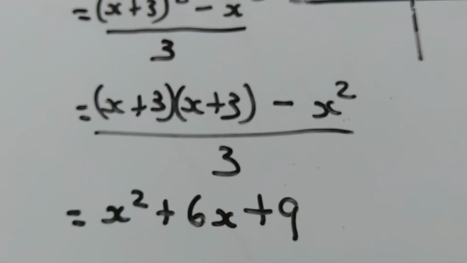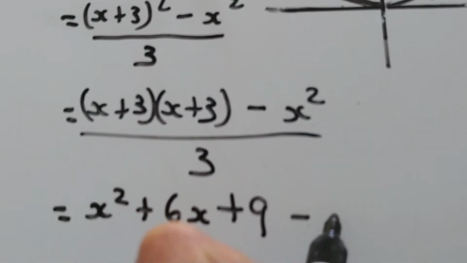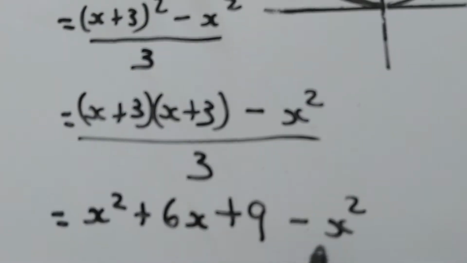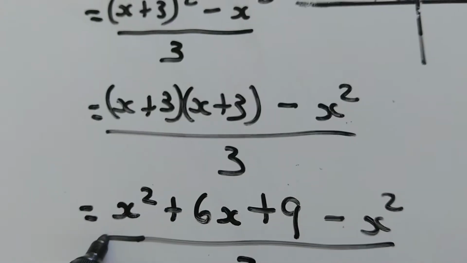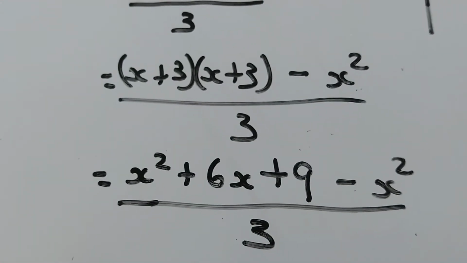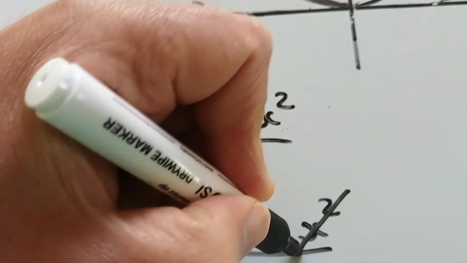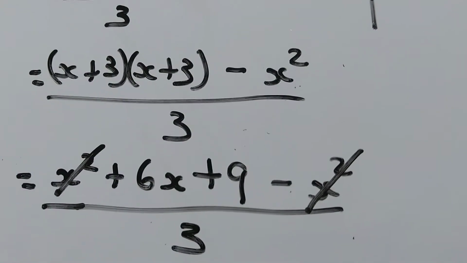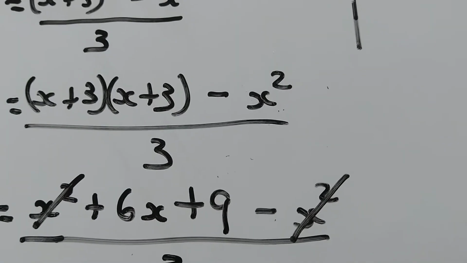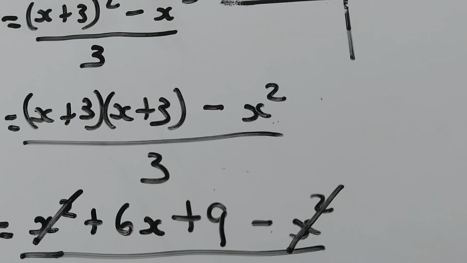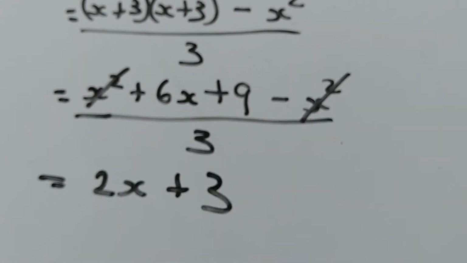You can work it out yourself if you don't believe me. Take away x squared, over 3. And when I tidy that up, x squared take away x squared, so that goes. 6x plus 9 over 3. I'll just divide them both by 3 then. That's 2x plus 3.